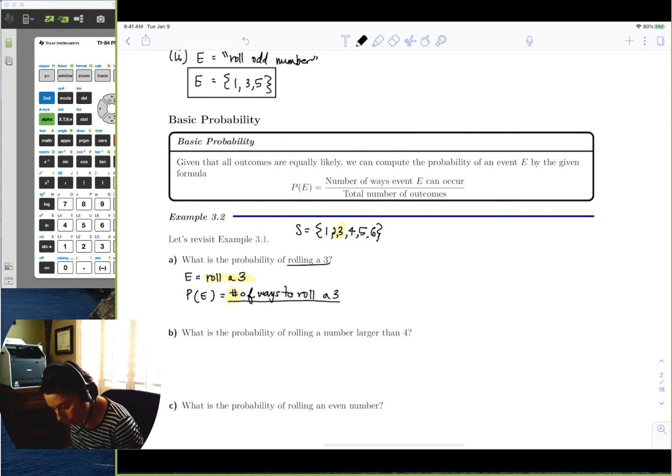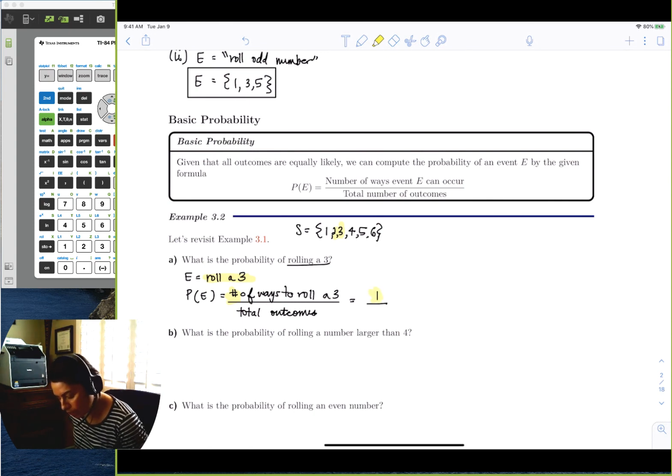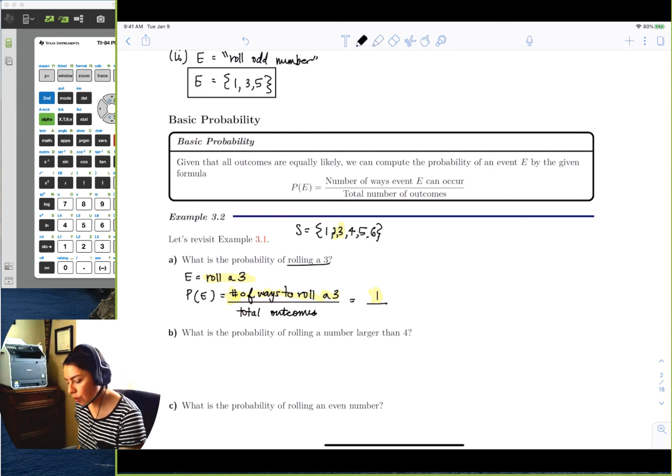over the total number of outcomes. Well, that's going to be one way out of how many outcomes. I only have one 3 in my set. I don't want to write the number 3 in the denominator because that's the actual event. So I only see a 3 once in my sample set.